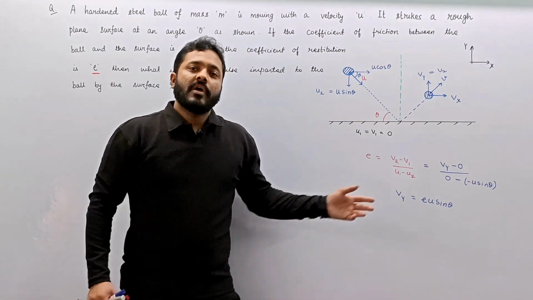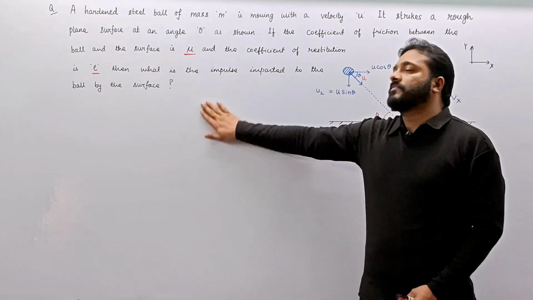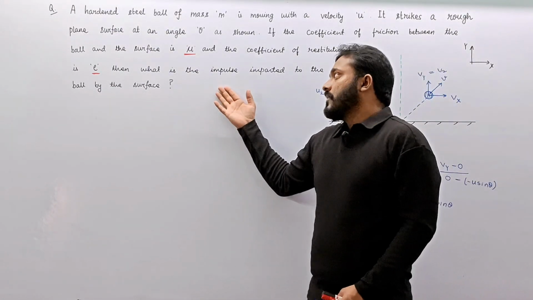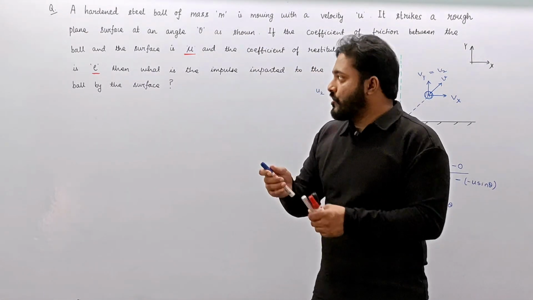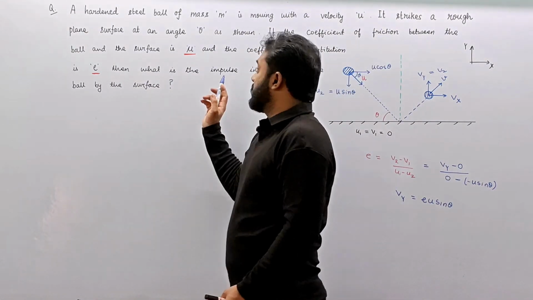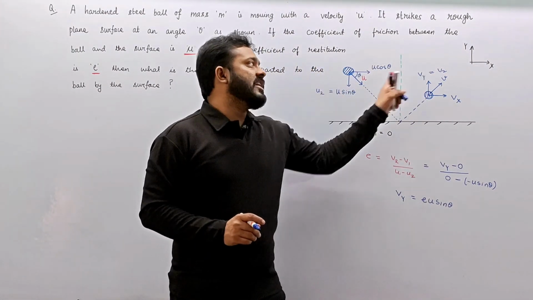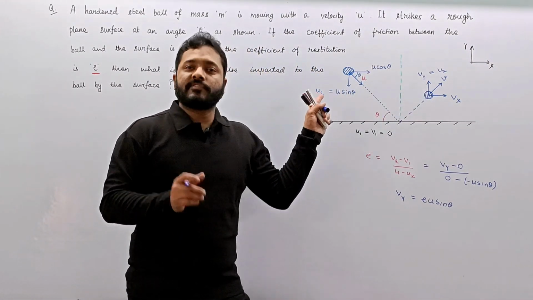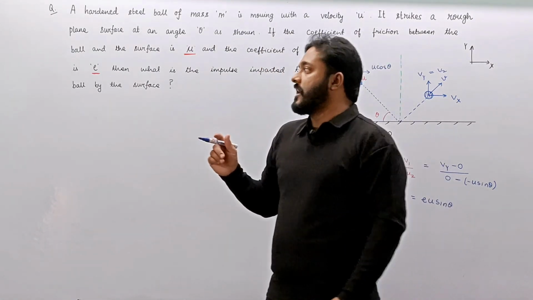Now the question is asking us to calculate impulse. When we say impulse, we mean a sudden change in momentum, and impulse is a vector quantity. So the change in the y component will give us the impulse imparted in the y direction.